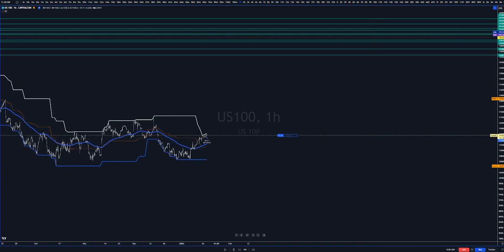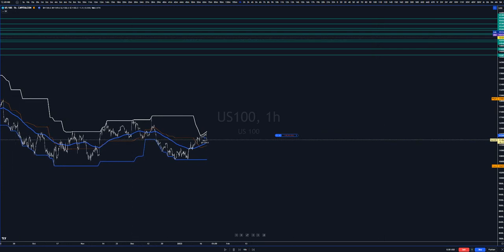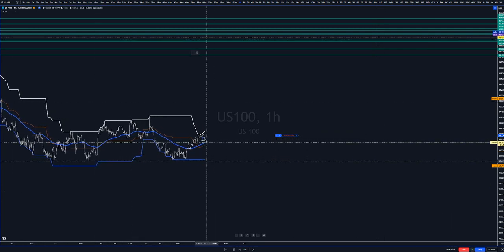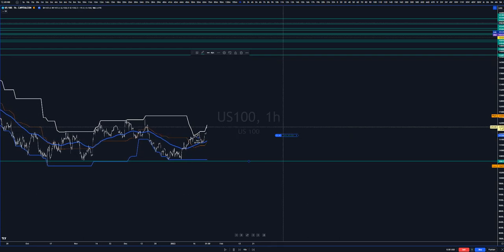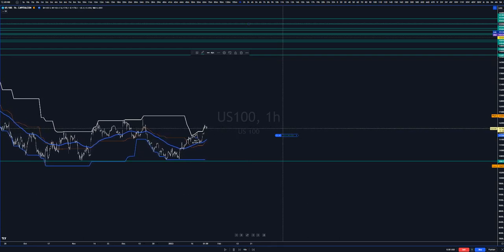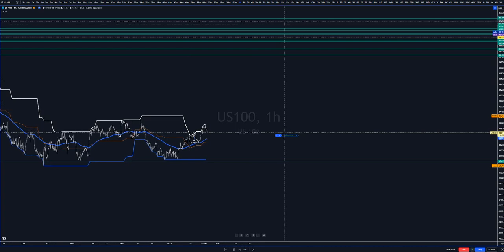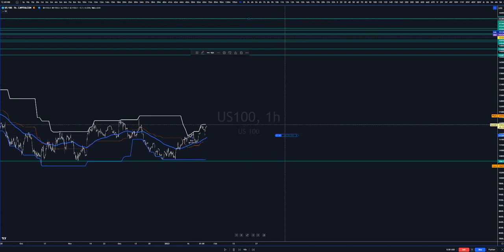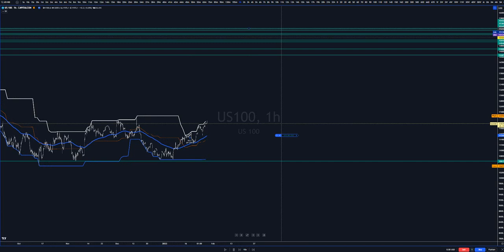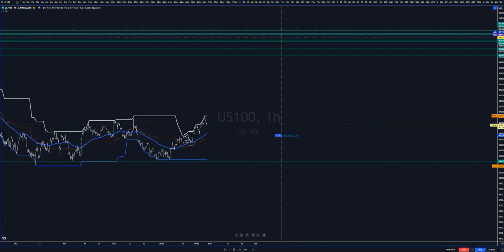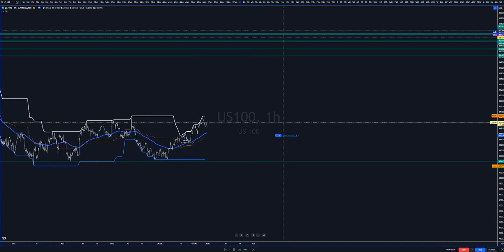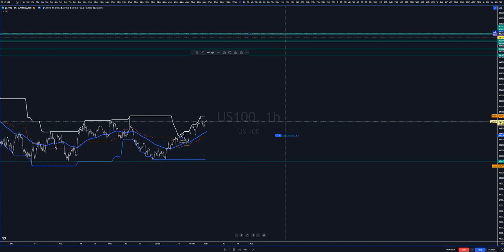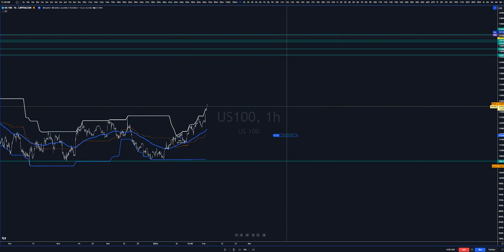So this is the first buy signal, and my stop will be here. The trade is over if our stop has been hit or the trend channel is broken.